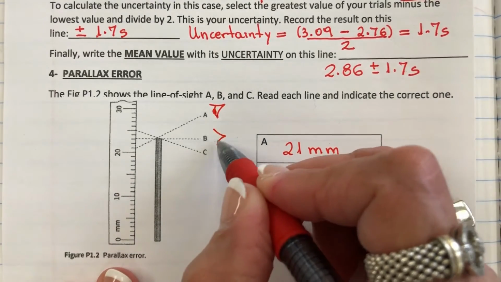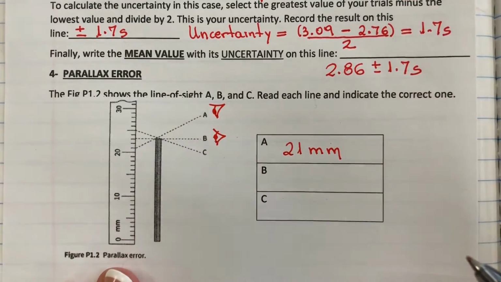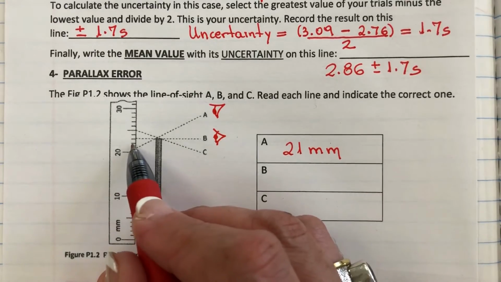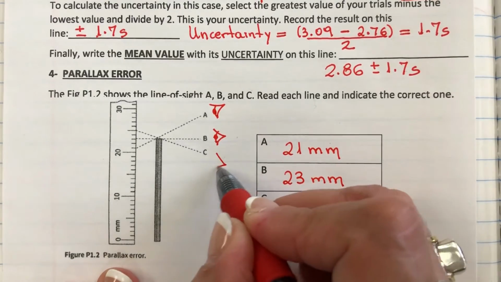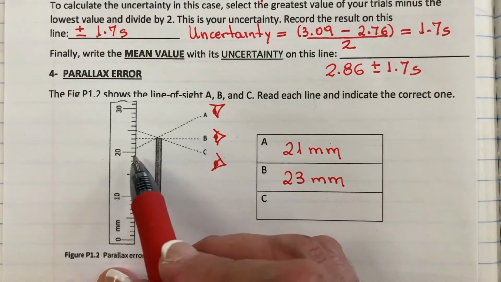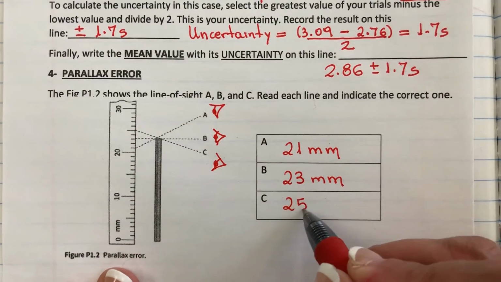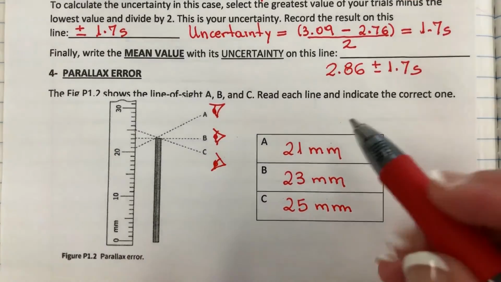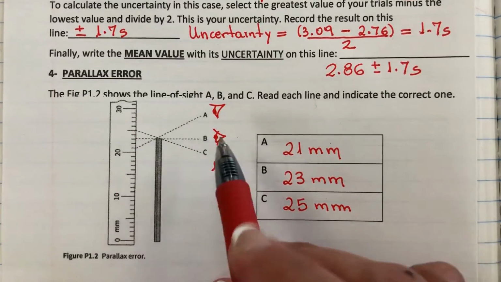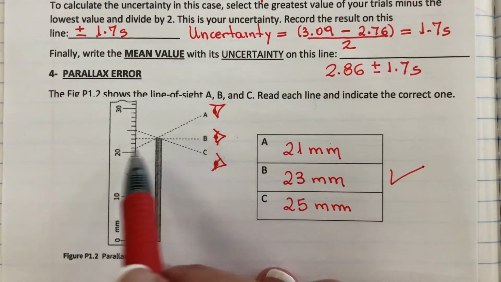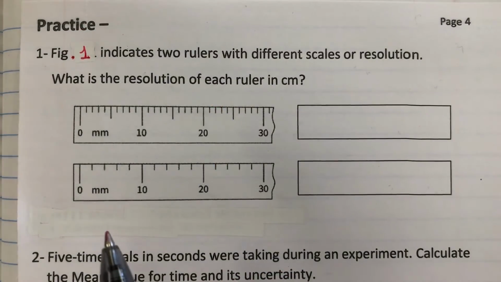If I have my eyesight aligned with the measurement, now I have 21, 22, 23 millimeter. And if I'm looking this way, now I'm going to read 21, 22, 23, 24, 25 millimeter. So here I have 3 different values, but the correct one is the one that you align with the measurement. Now let's do some practice problems.